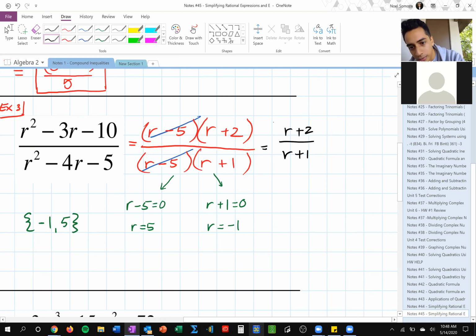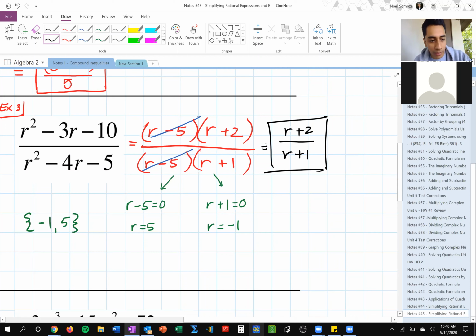So again, you get a similar situation where the final product shows you that the excluded value should probably only be negative 1, but you have to take into account the excluded value that also got divided out. That's why sometimes it's best to factor as soon as you can, find the excluded values, and then you continue by canceling. If you cancel first, sometimes you're going to accidentally skip an excluded value, and it'll come back to bite you.